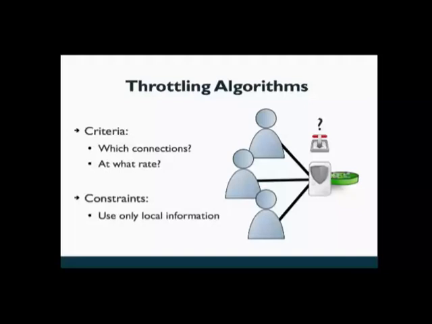Since the guard node services multiple clients, it has to determine which of the clients, which connections, it should throttle. It also has to answer the question of at what rate it should throttle those connections. In our approach, we would like to come up with an algorithm that follows the constraint of only using local information. So the guard node doesn't communicate with other relays to determine who it should throttle. It uses only information that it already has.